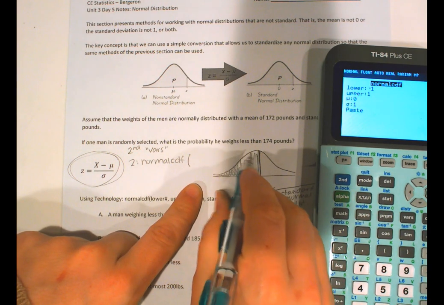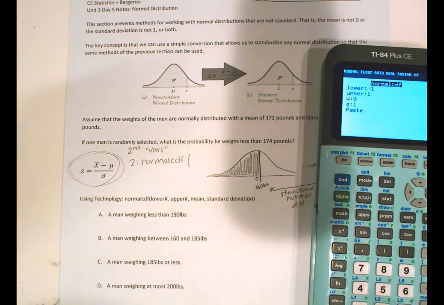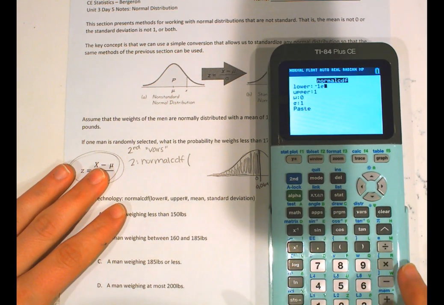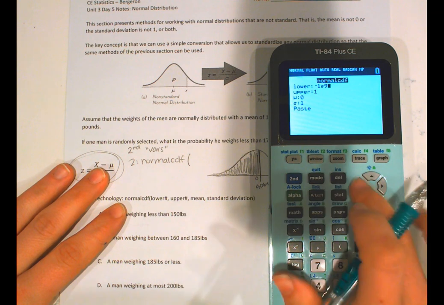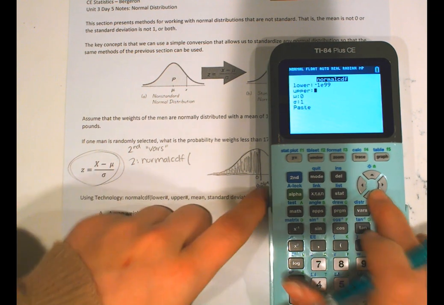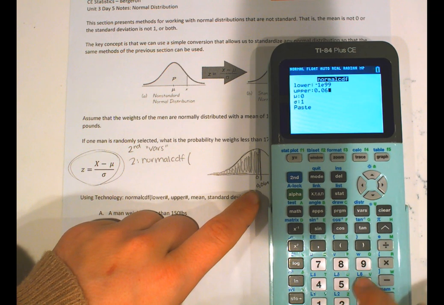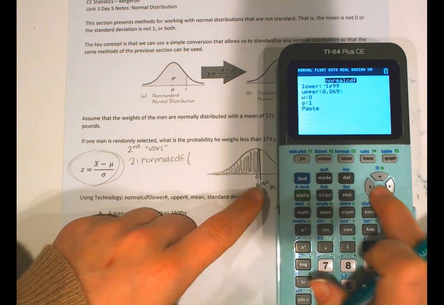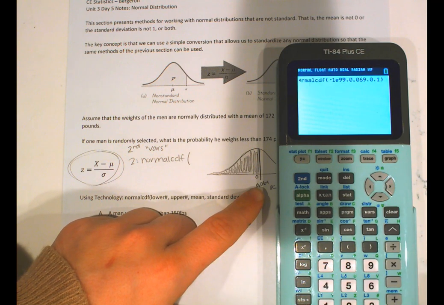So last time we talked about, to represent as far as we can go, we use -1 e to the 99. Remember, to get e, we just hit second and the division symbol. Then our upper bound is this 0.069 that we found, that z-score we just found. And then our mean is 0 and our standard deviation is 1.